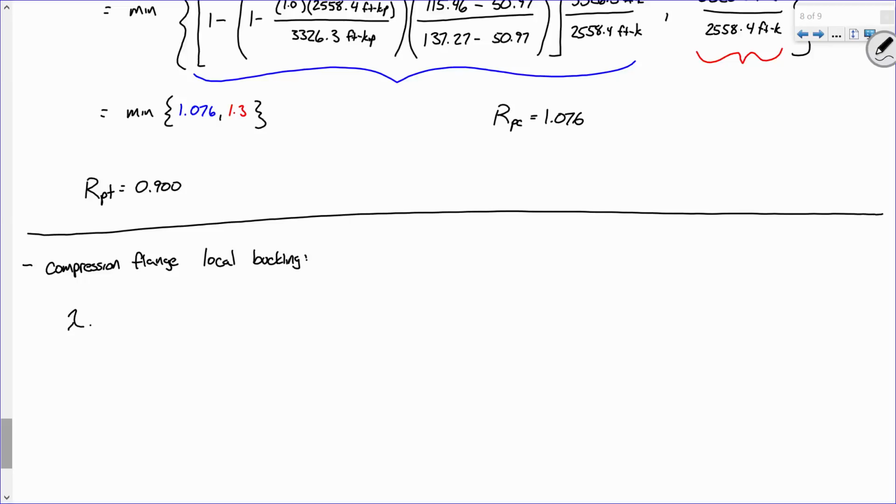I want to pull lambda sub f, and then I want to pull lambda sub pf and lambda sub rf. So you all do a little bit of digging. You tell me what each of these values are.